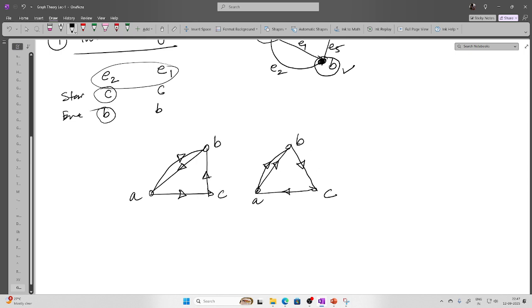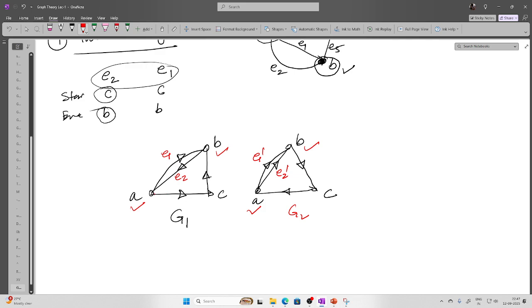Now look, if you look at this graph G1, there are two edges between two vertices A and B. Here, as well as in G2, these two edges are in between A and B. So can we say this E1 and E2, or this E1 prime and E2 prime, are parallel edges?